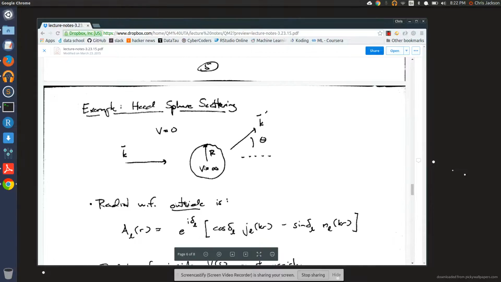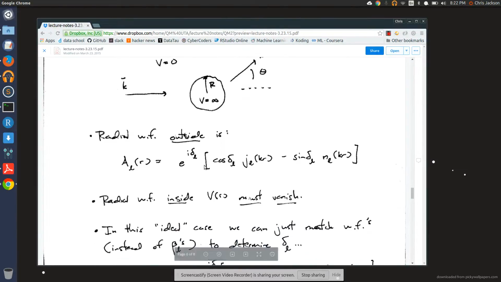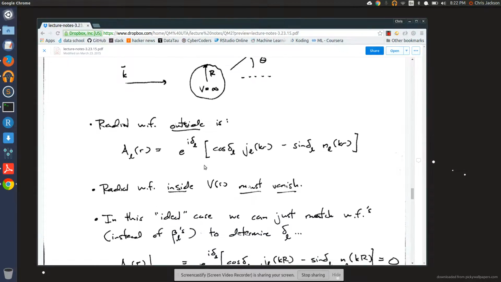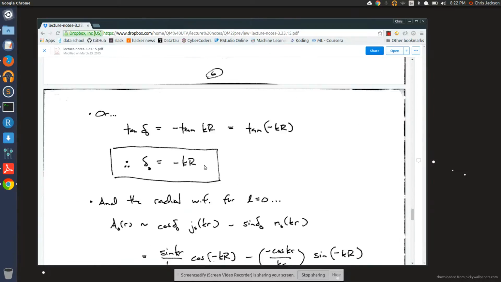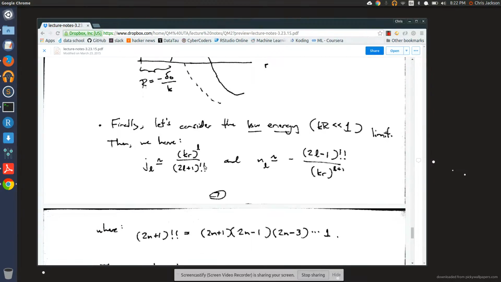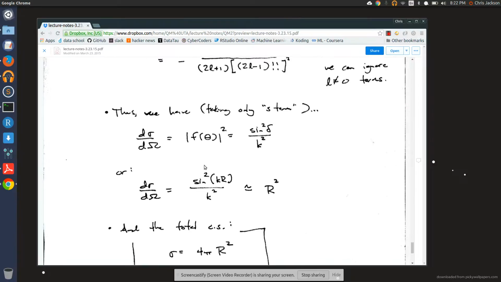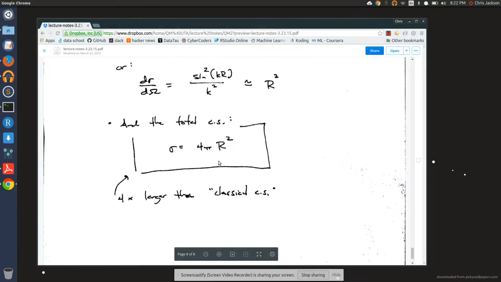So you would expect that in the low energy limit, the cross-section would still take that classical form. And what we see instead is that it's 4 times larger.